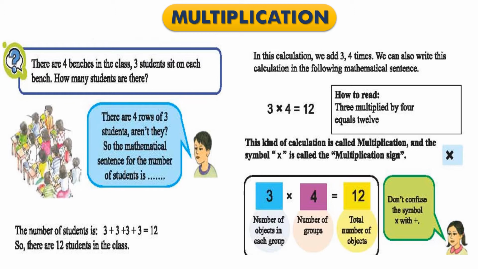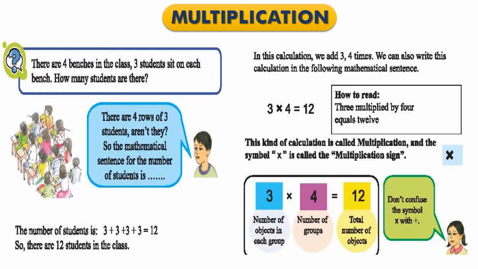Here it says, in this calculation, we add 3 4 times. That means 3 plus 3 plus 3 plus 3. We can count that we are adding 3 4 times. So we don't need to do the addition here. We can do it directly like this: 3 multiplication 4 is equal to 12.